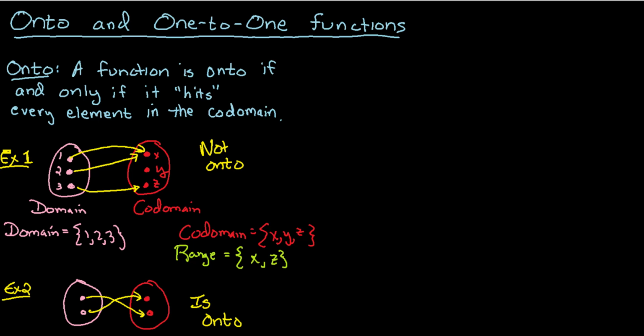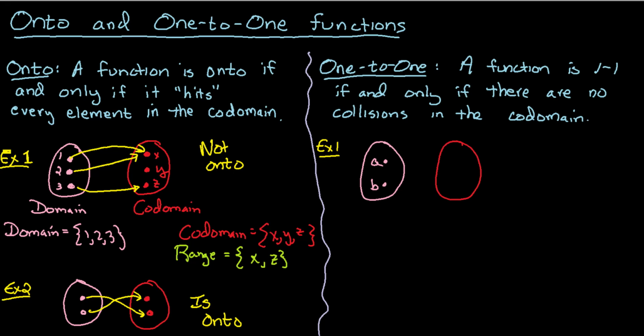All right, so now let's take a look at a slightly different characteristic, and this is going to be a discussion of one-to-one functions. A function is 1 to 1, and I've abbreviated that with the little number 1 to 1, if and only if there are no collisions in the codomain.